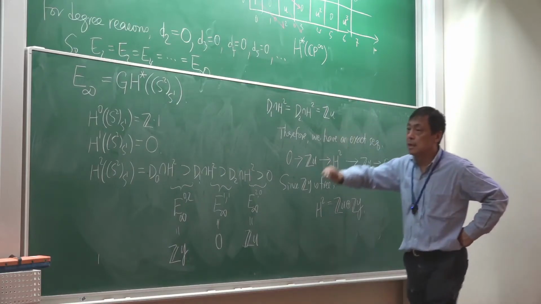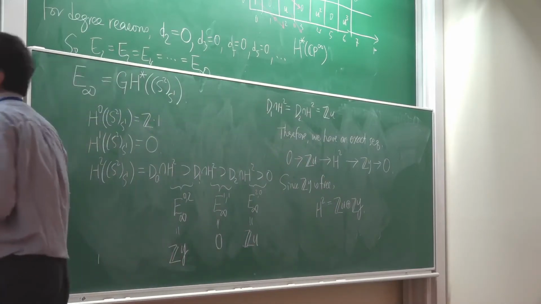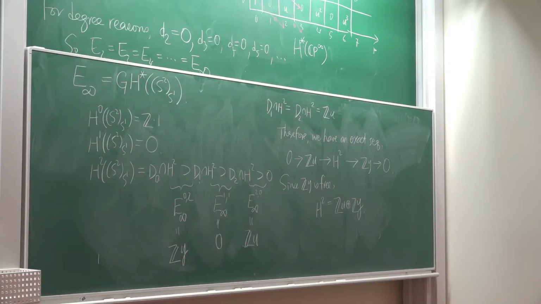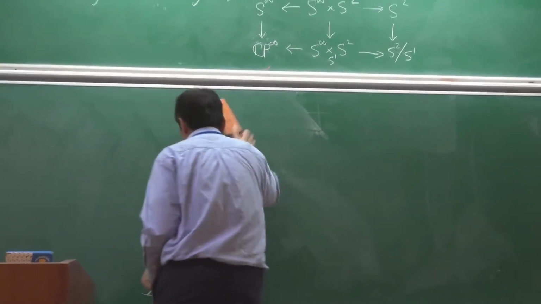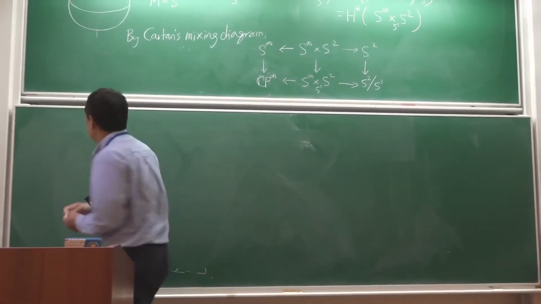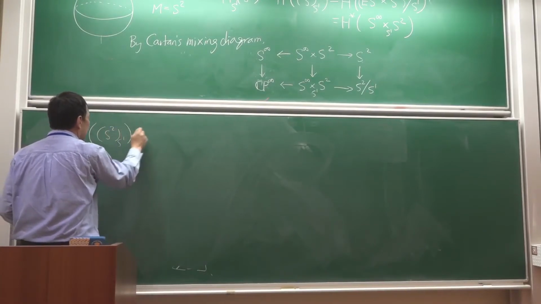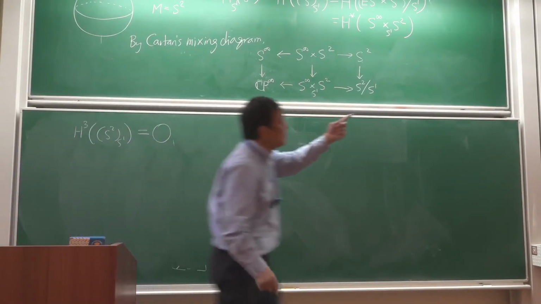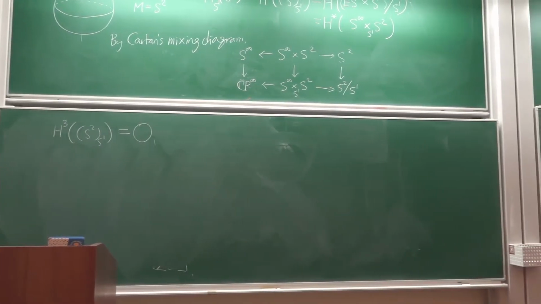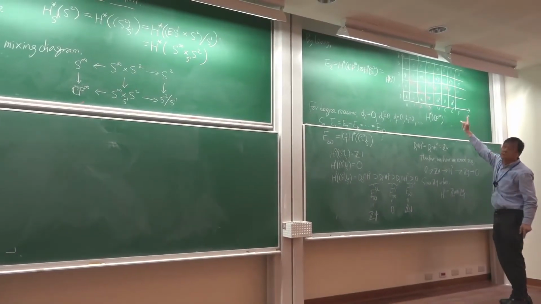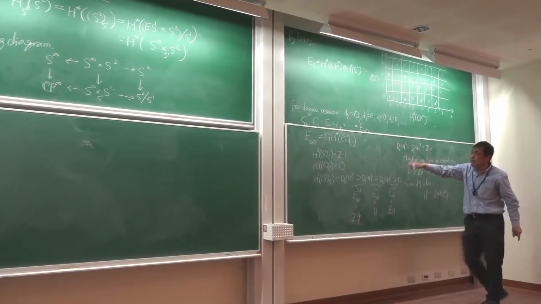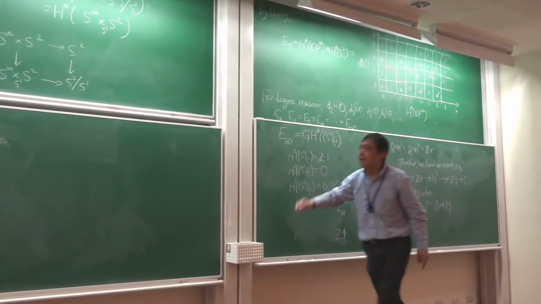And then what's H3? Okay, H3 of S2, S1. Well, it's 0 because there is nothing in degree 3. And then in H4, you also have two non-zero terms. So it's going to be exactly the same as this argument. Okay, so what is H4 going to be?